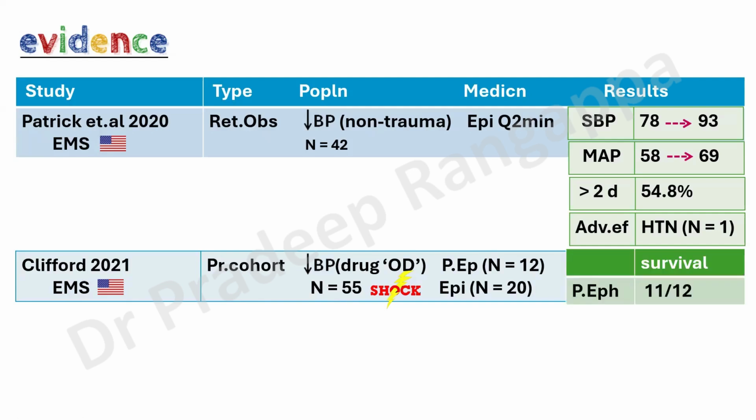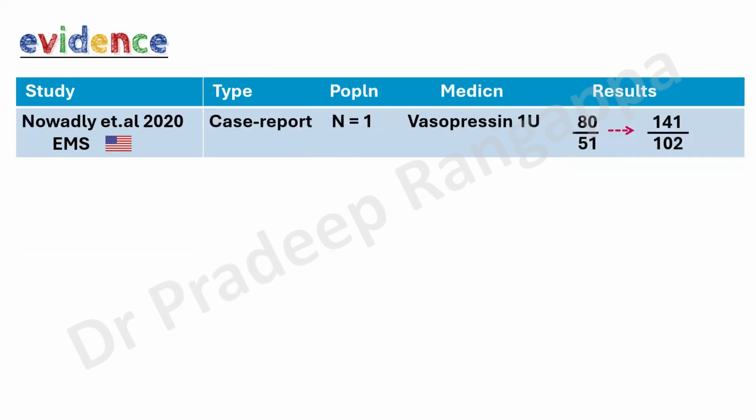This was just an observational cohort study, where they found survival was better in the phenylephrine group, 11 out of 12, whereas where epinephrine was used, 4 out of 20 survived. You could argue this is just a prospective cohort study. It's not randomized, so maybe epinephrine patients were sicker. That's why they had to use epinephrine, and so on. So survival in this particular study appeared better with phenylephrine.